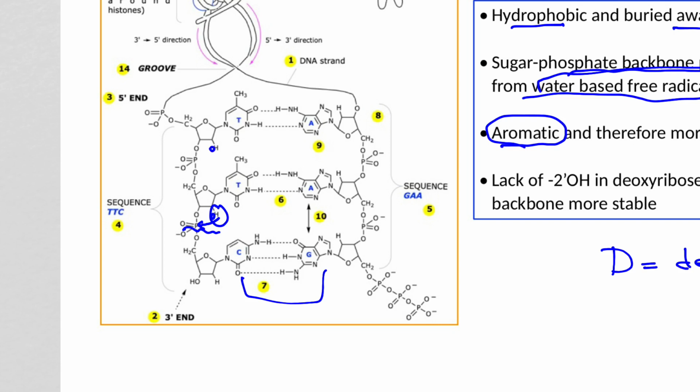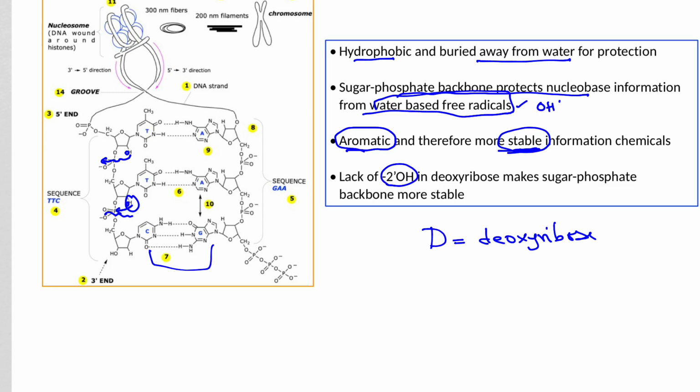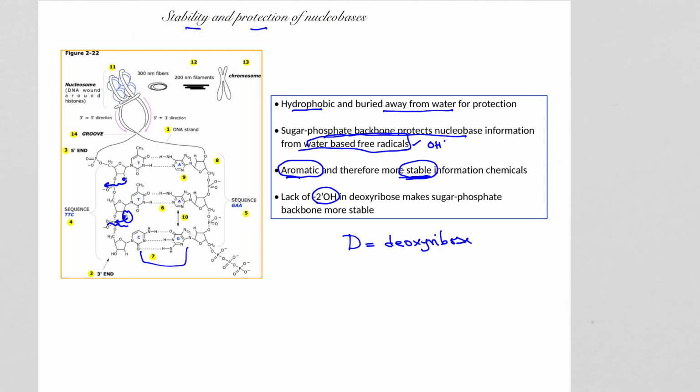So the OH, if present, can actually break this phosphodiester linkage. So by not having the 2' OH in the deoxyribose, it makes the DNA backbone more stable. The opposite happens in RNA. RNA is a chemical we don't need to be very stable. So you actually see there's a possibility in RNA that the 2' OH can break the RNA backbone. So DNA is to be stable, we don't have 2' OH.